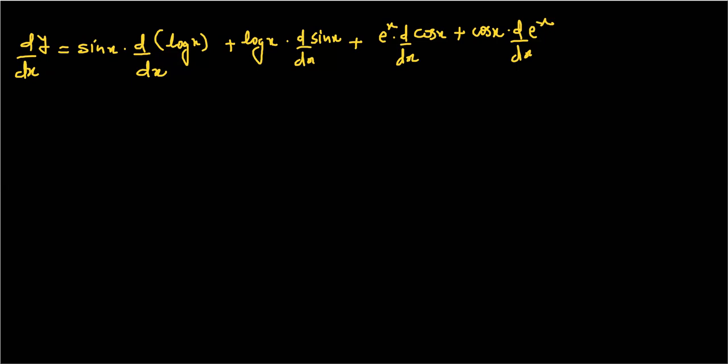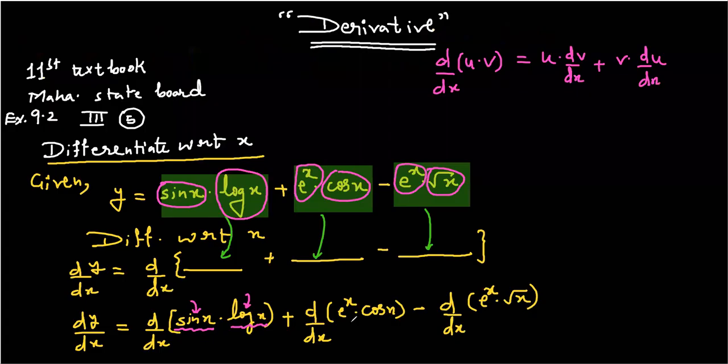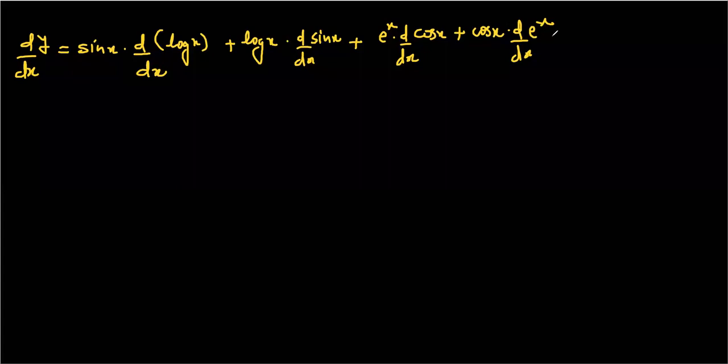Then after this we have a negative. We differentiated this one. Now we have a negative sign, and then we have d by dx of the product of e raised to x and root x. So I write minus, and now as you know students, whenever you apply the product rule, you can check here, you end up with two terms.